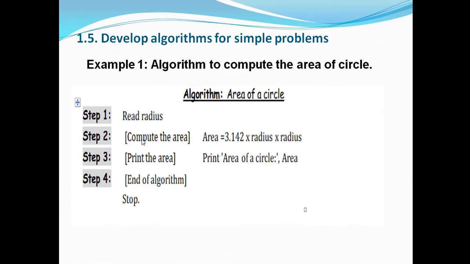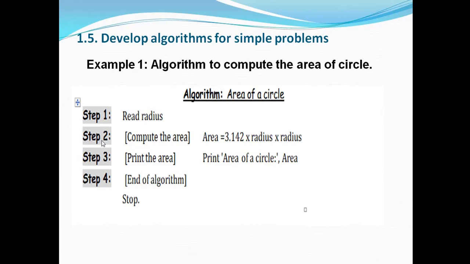The formula for the area of the circle is pi r square. Pi means 3.142, into radius into radius. R is the radius value. So this is the formula to calculate the area of the circle.